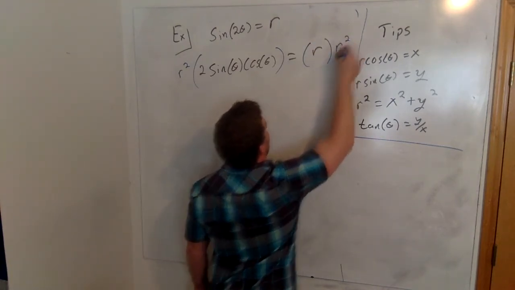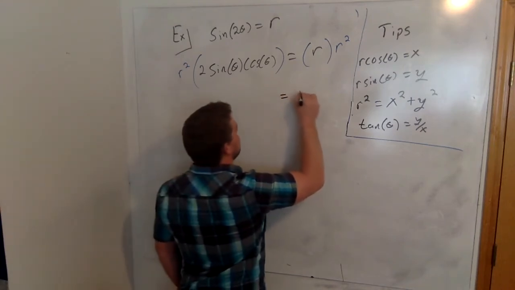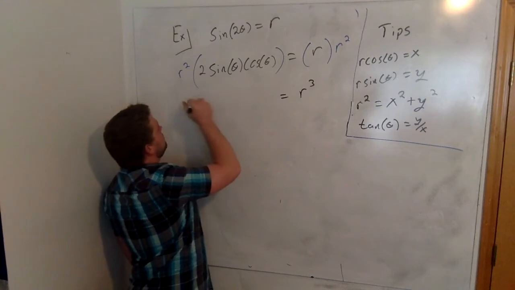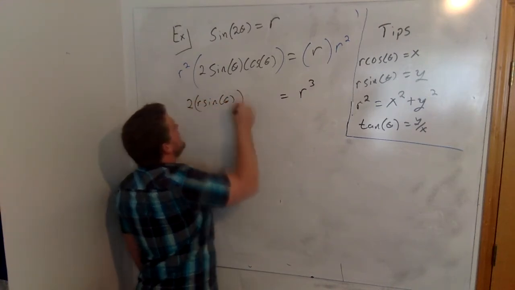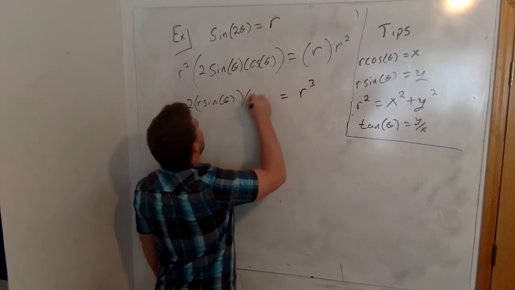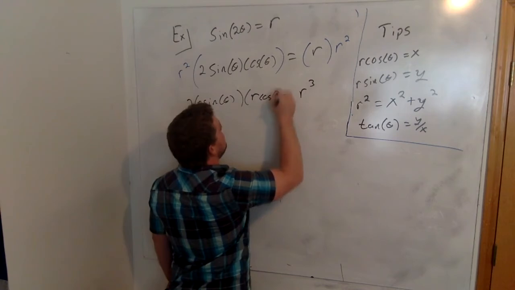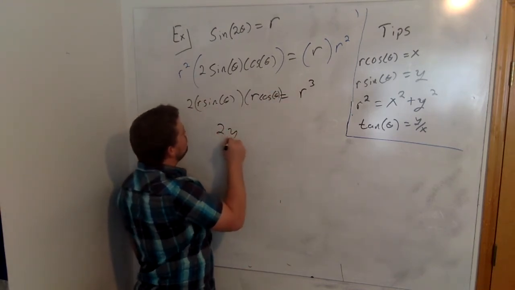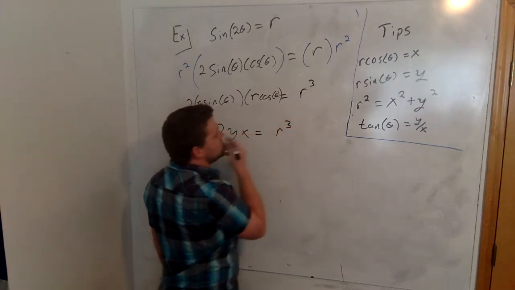We're going to have to think about how to deal with this r cubed on the right-hand side. We're going to share the r, so we'll get a 2 r sine of theta, r cosine of theta. So this will be the same thing as 2yx being equal to r cubed.